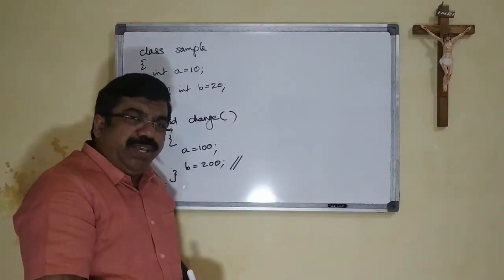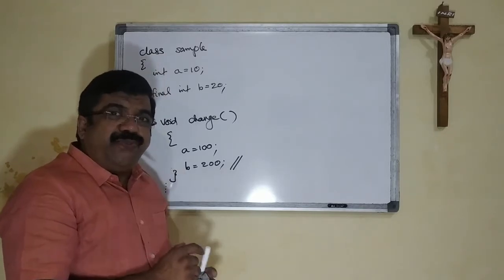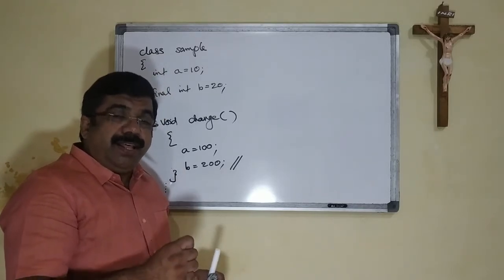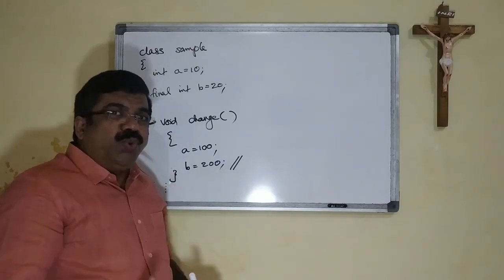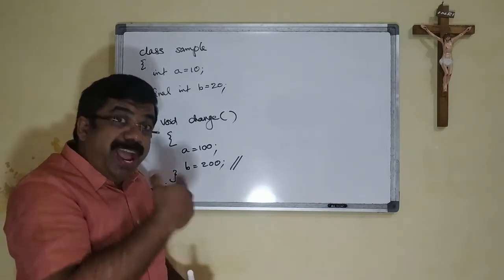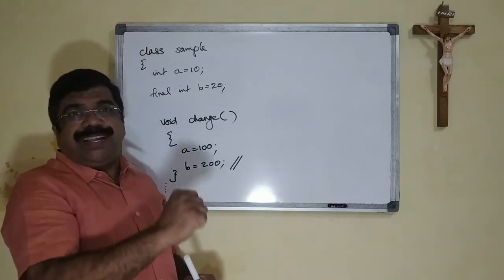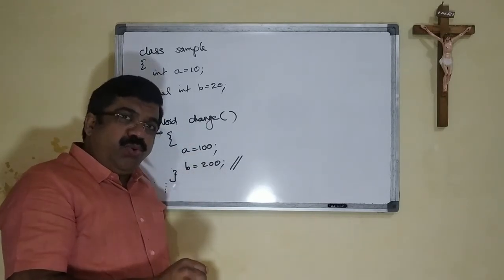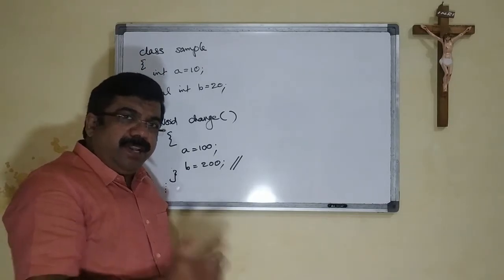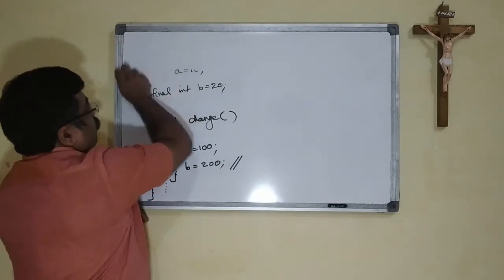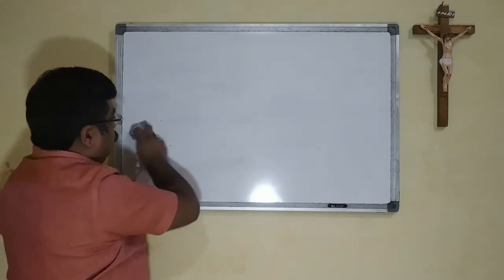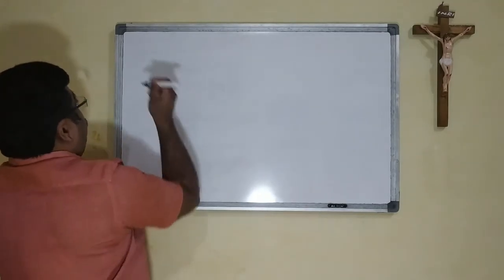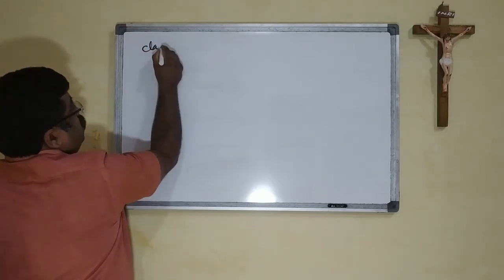Next, we are going to see the use of the final keyword with a function, and when we use that function in the derived class for overriding, what is going to happen? Let's see. I am writing the class Base.